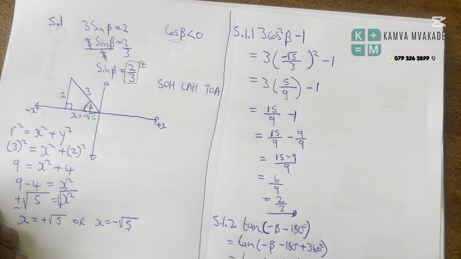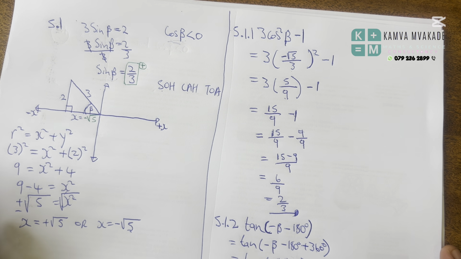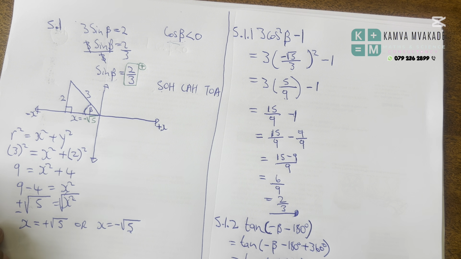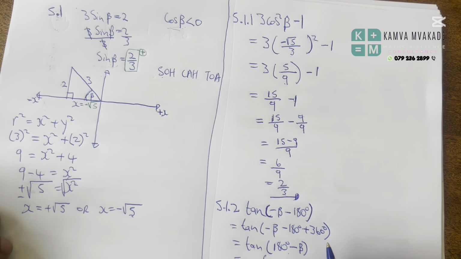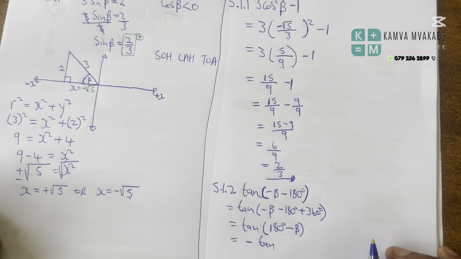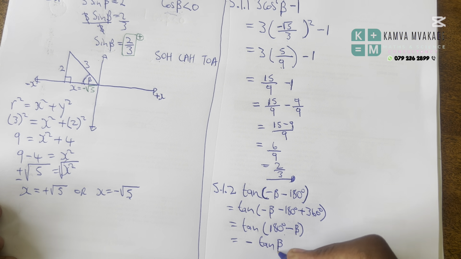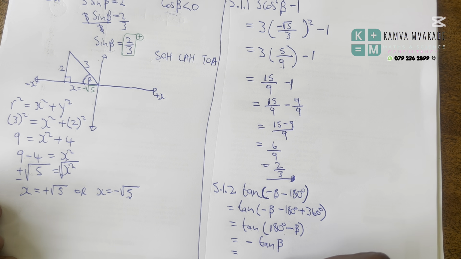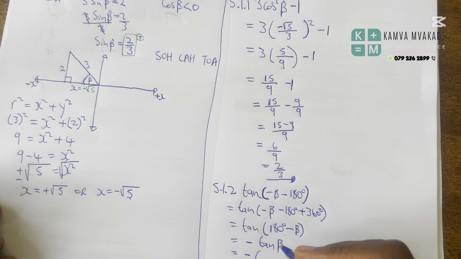So we can take it from there and say 180 minus beta. Which quadrant is 180 minus? 180 minus is quadrant number 2. How is tan in quadrant number 2? Tan is going to be negative. It's going to be negative tan beta. Now, what is tan beta?